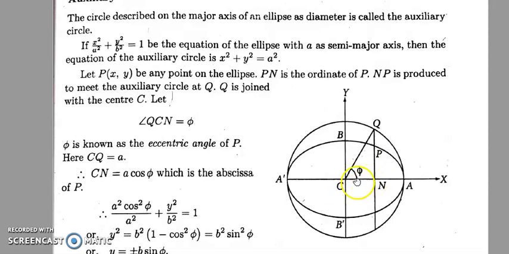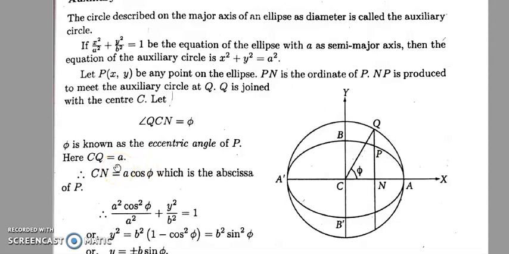So therefore CN is given by, when you take cos phi, it will be CN by CQ, adjacent side by hypotenuse. So cos phi will be equal to CN by a, or you can write CN as a cos phi. So CN will be equal to a cos phi.